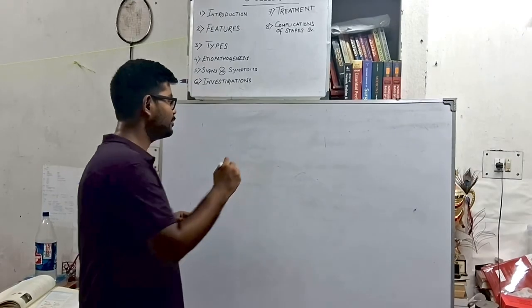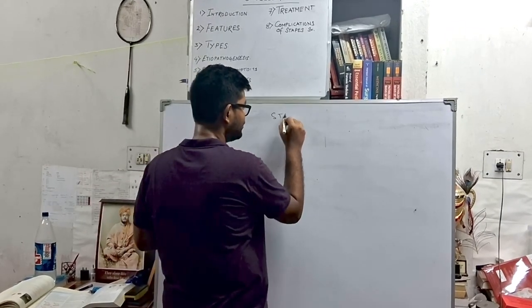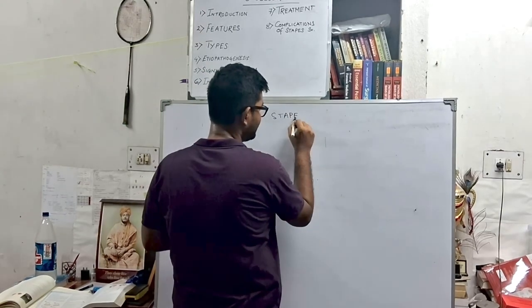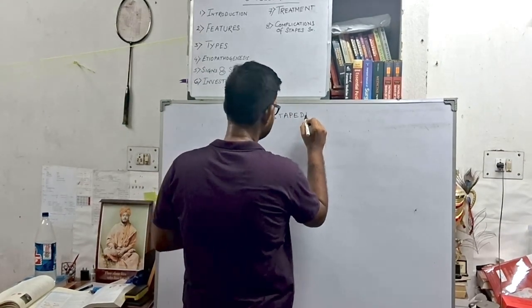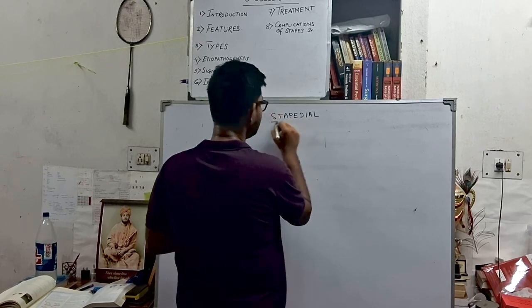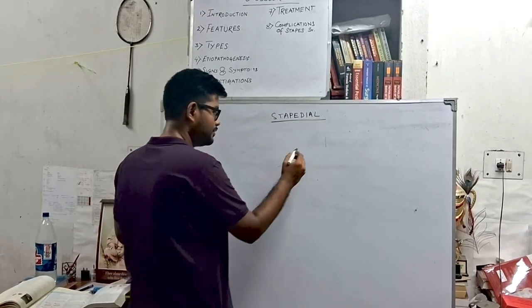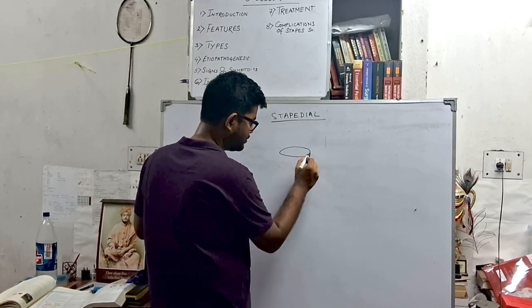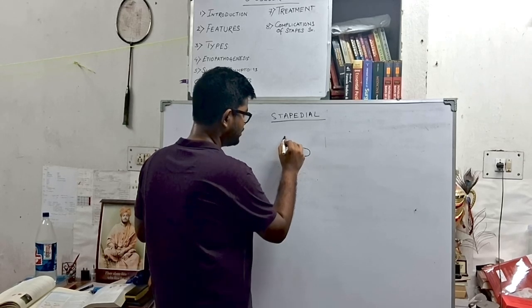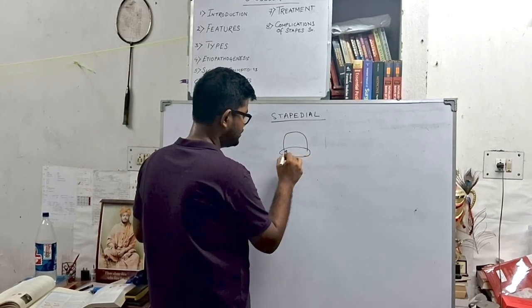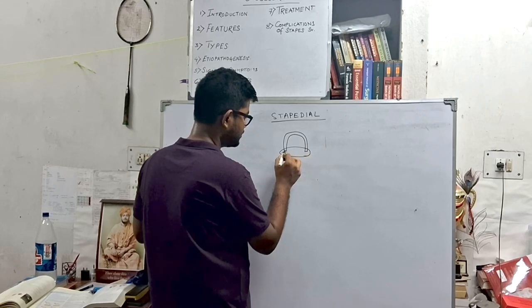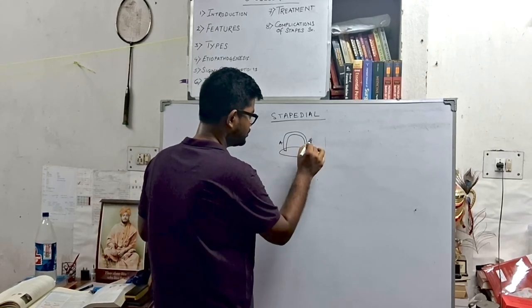So stapedial otosclerosis is again divided into subtypes according to the region of involvement. If this is the footplate of the stapes, this is the anterior crus, and this is the posterior crus.